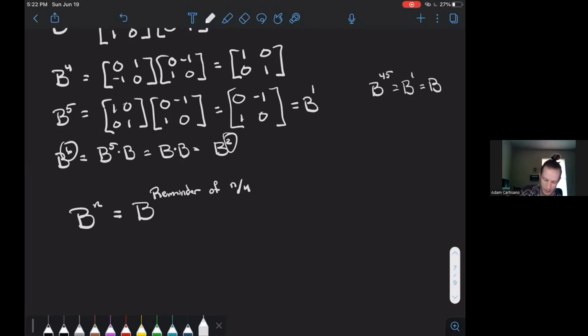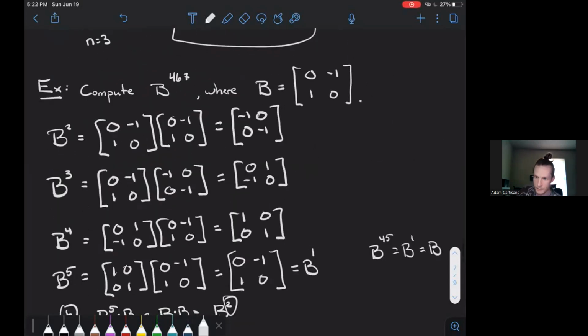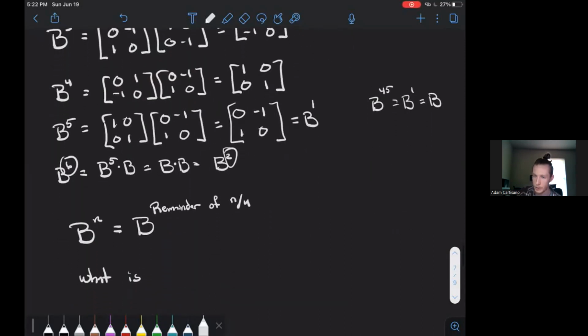And so we just ask, what is 467 divided by 4? 464 is a multiple of 4. So 467, I don't know, 116, remainder 3.